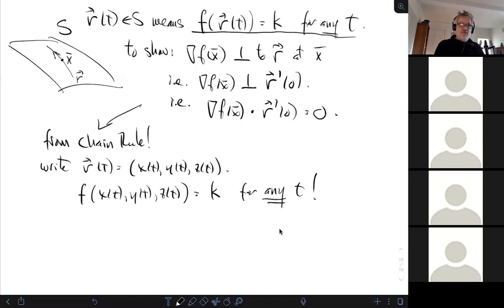So you apply the chain rule to get the derivative of the composition with respect to t. What does the chain rule tell you? So you take the derivative of both sides.